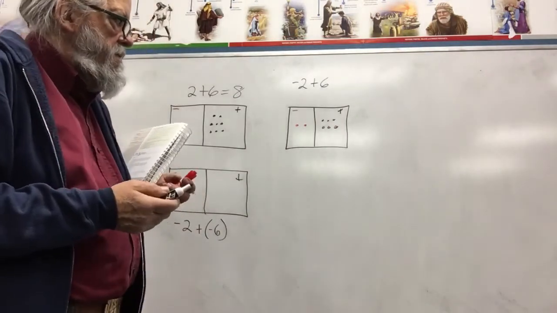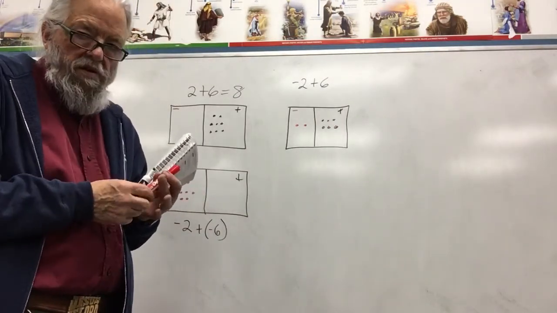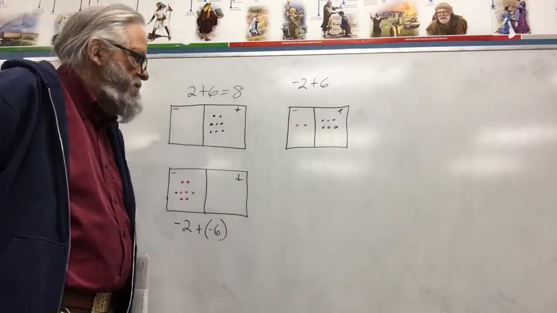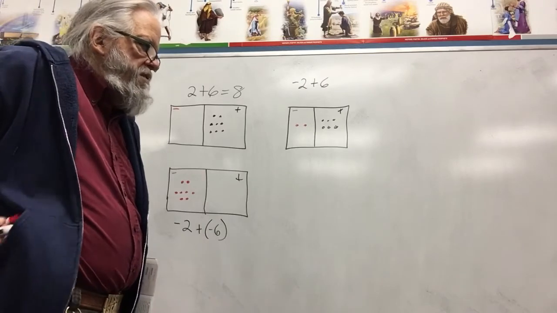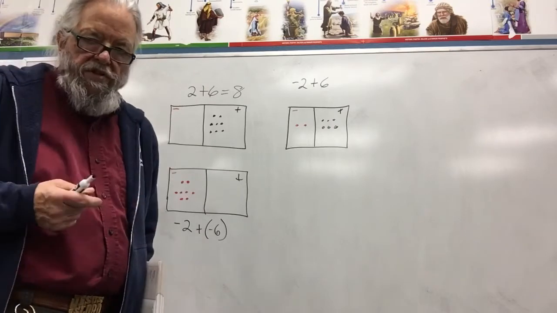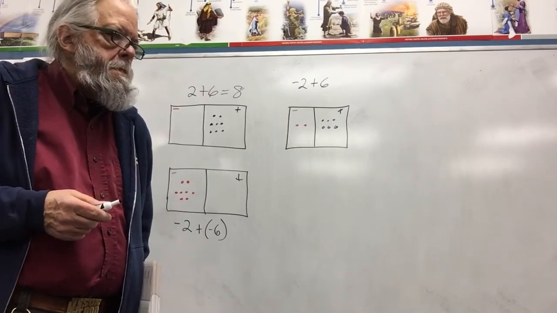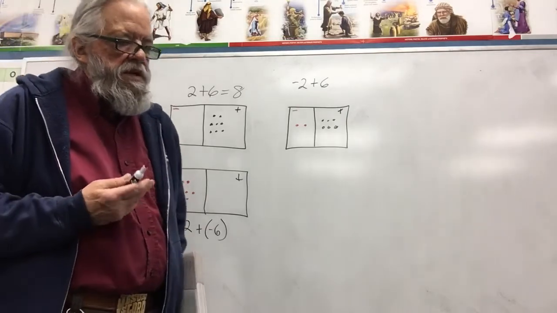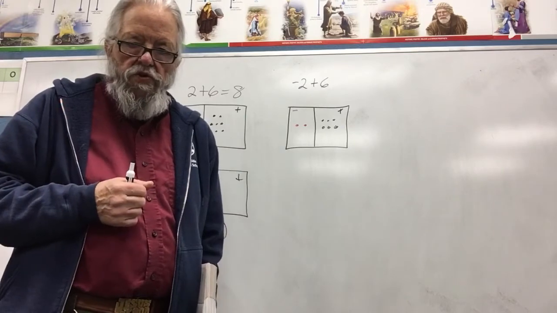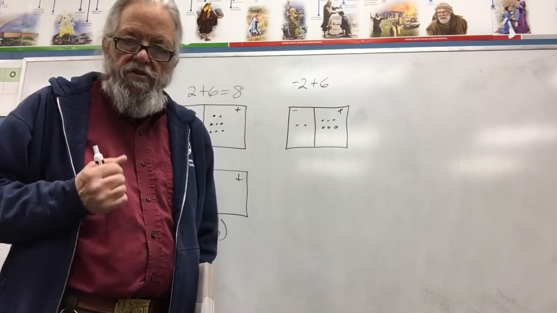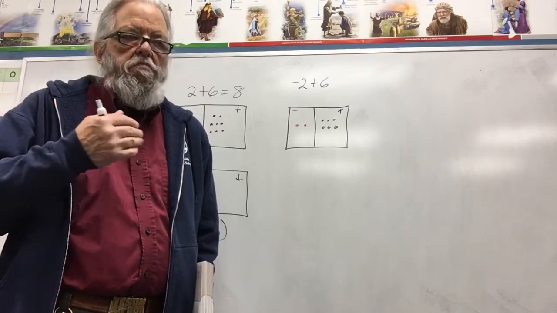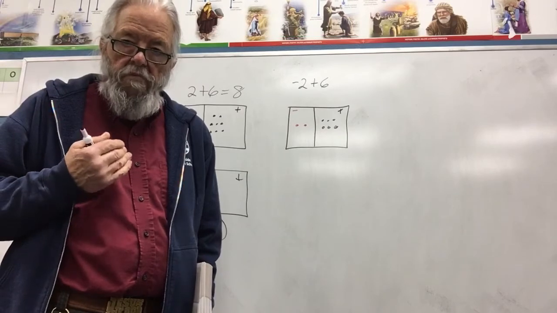Okay? Now, when we put those together, here's one of the things for you to think about. Positives and negatives are opposite. All right? Just like, let's say you're doing tug of war, and you had these 2 teams on either side of the rope, and both teams start pulling. They're pulling opposite directions, and they're pulling the same amount.